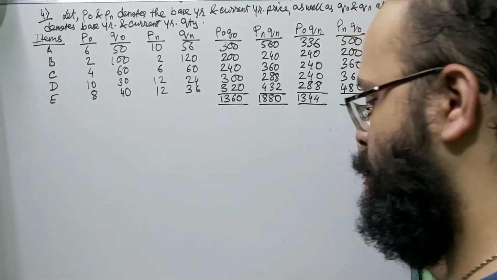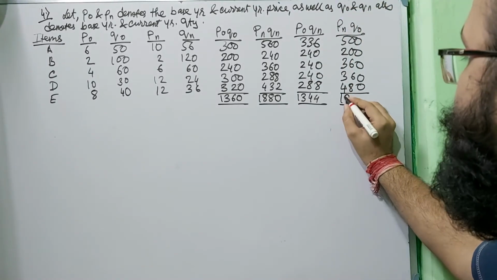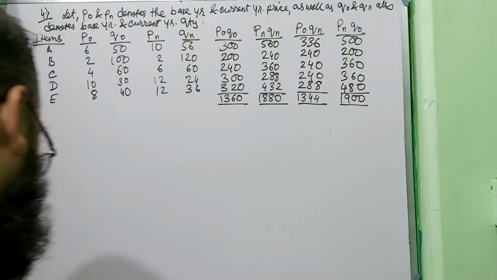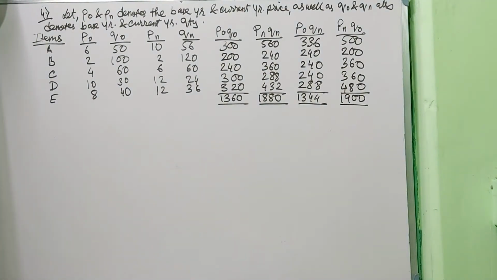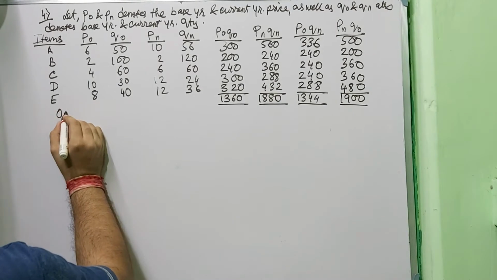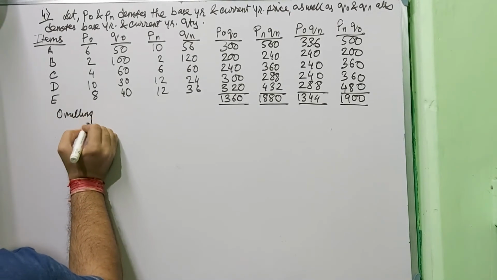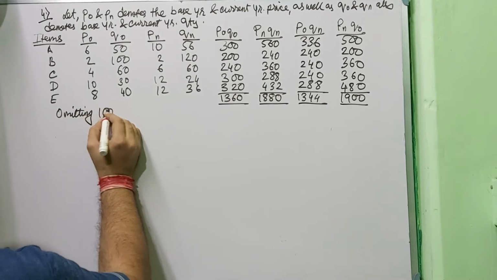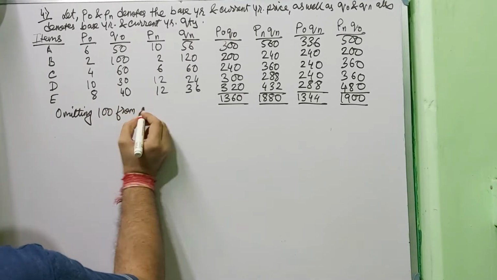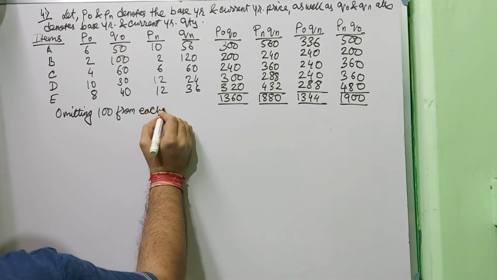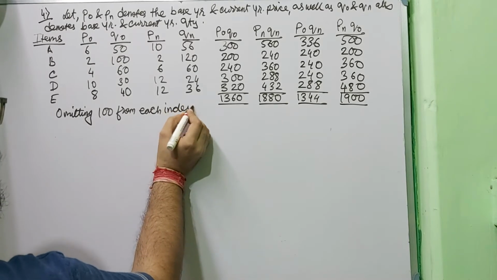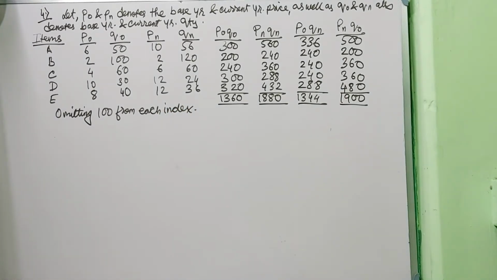So the total is 1900. Okay. So we have to omit 100 from each index. Otherwise you cannot do it. You can write: omitting 100 from each index, as it is essential for factor reversal and time reversal.